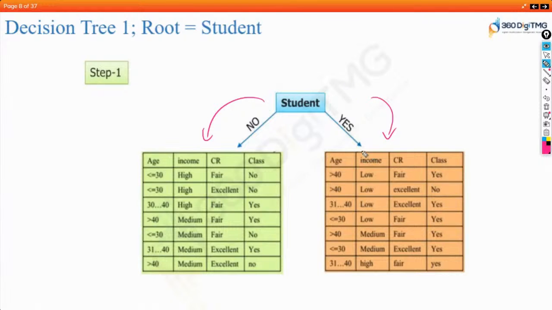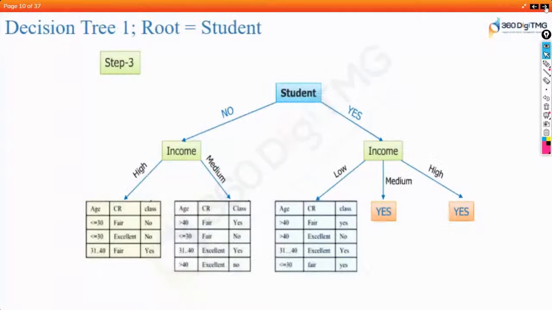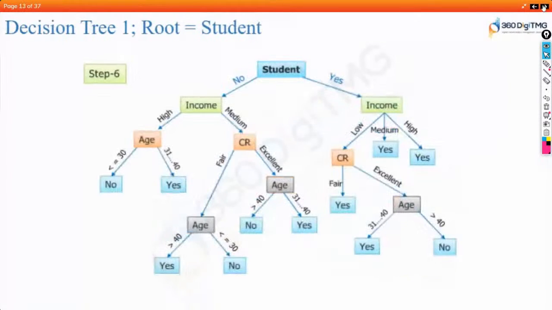Next, here probably I'll ask income. You can choose anyone. Let's say I'm choosing income. Here also I'll choose income. Then further my data is getting split. So like this, we keep splitting the data till we end up getting a decision. I should be able to finally take the decision.